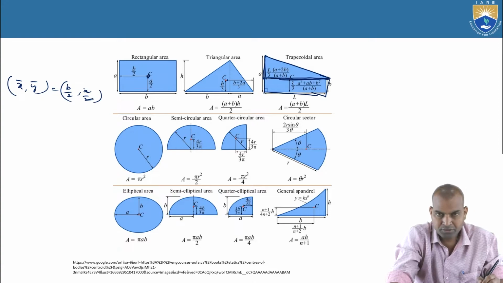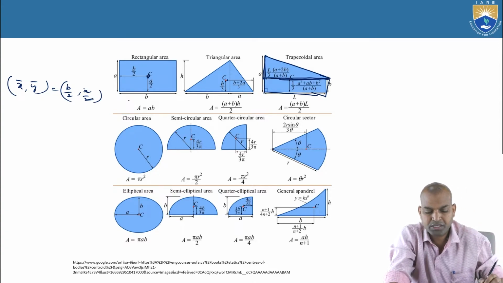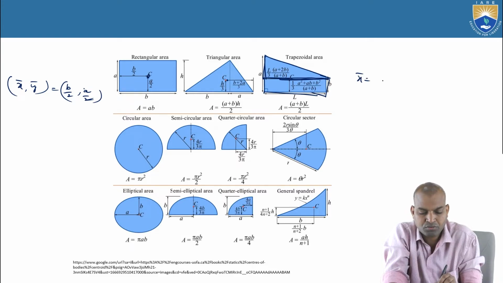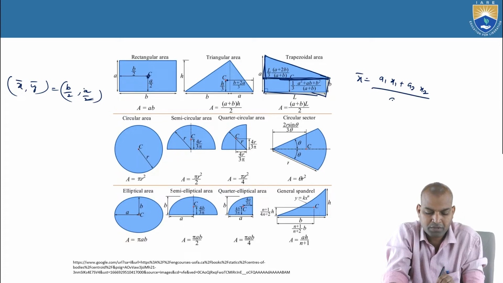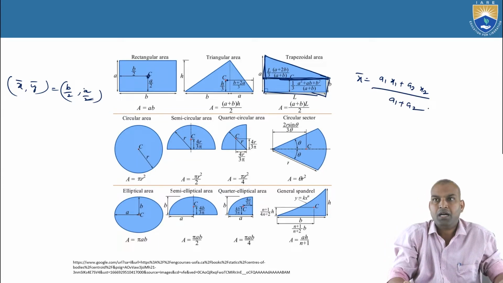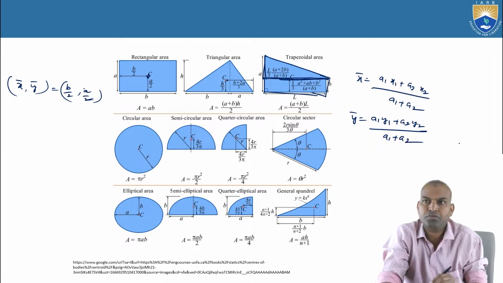We will see in the coming sessions how to find it using x bar equal to a1 x1 plus a2 x2 by a1 plus a2, and y bar equal to a1 y1 plus a2 y2 by a1 plus a2.